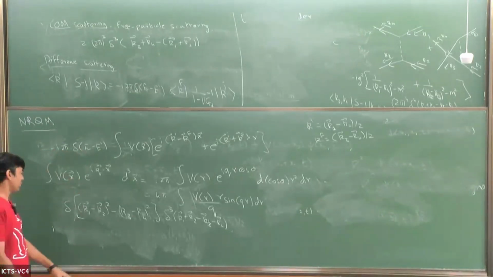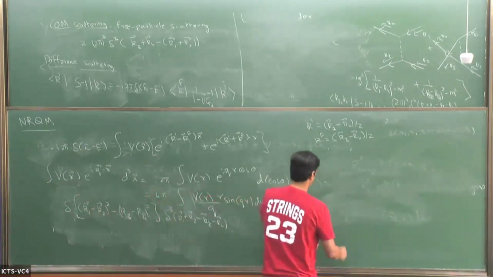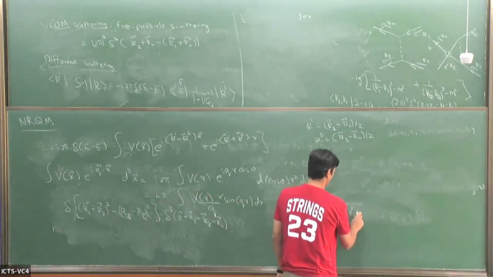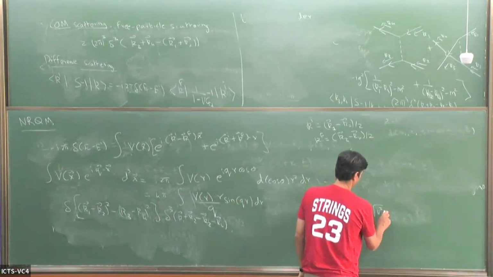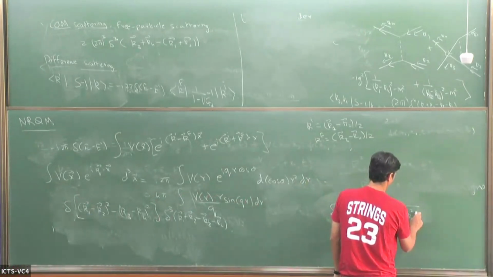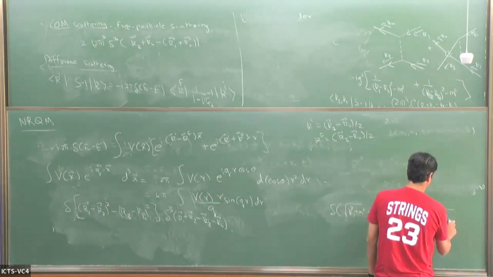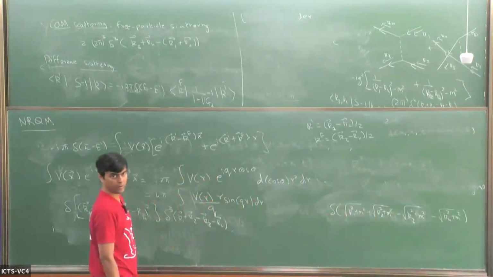So what you need to do is compare this with the delta function that looks like delta of square root of k1 squared plus m squared plus square root of k2 squared plus m squared minus square root of k3 squared plus m squared minus square root of k4 squared plus m squared. Right, you see that?